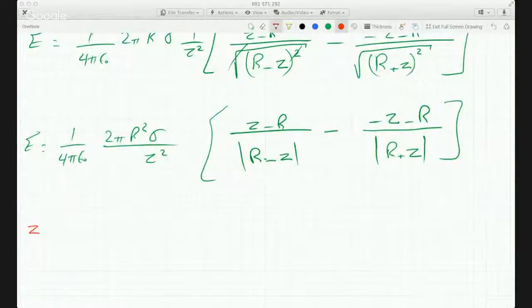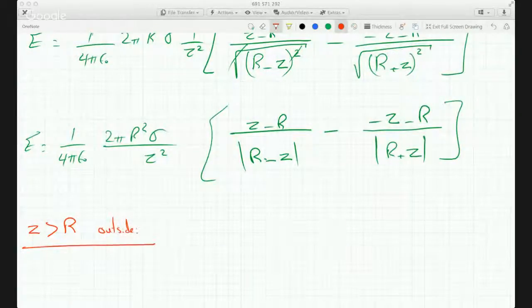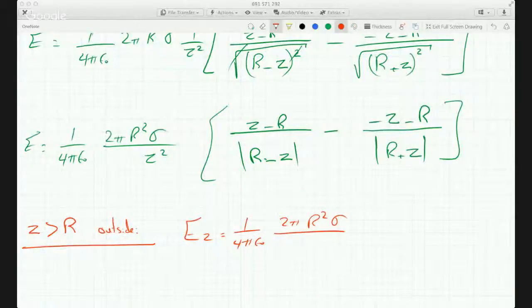So if z is greater than r outside, then Ez becomes 1 over 4 pi epsilon 2 pi r squared sigma over z squared.